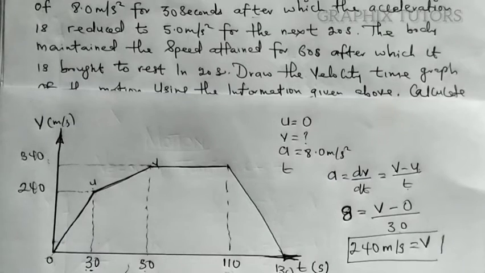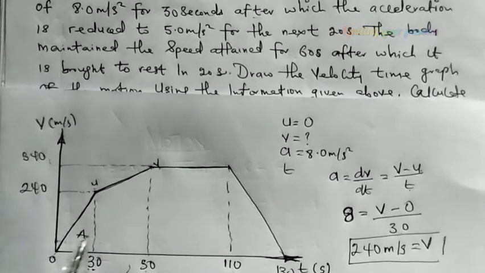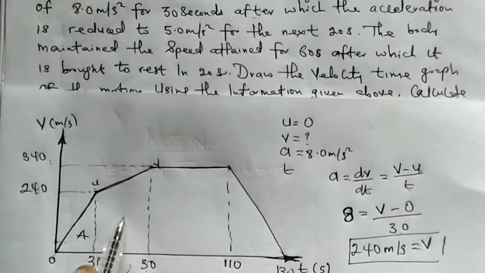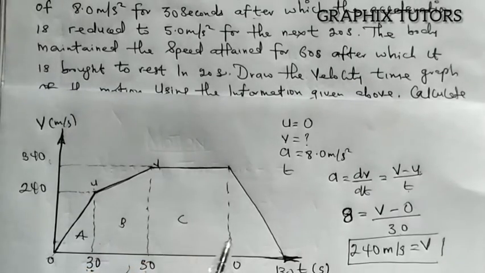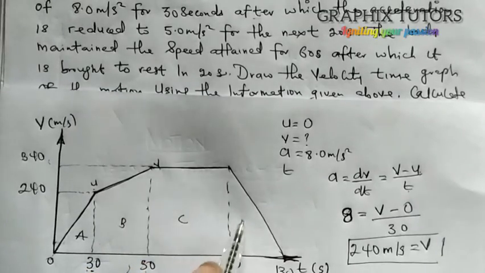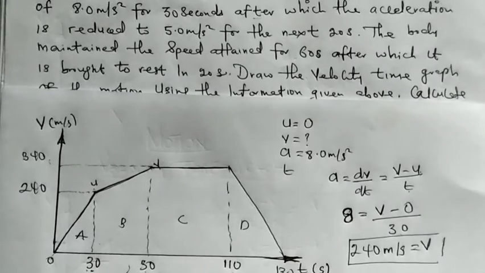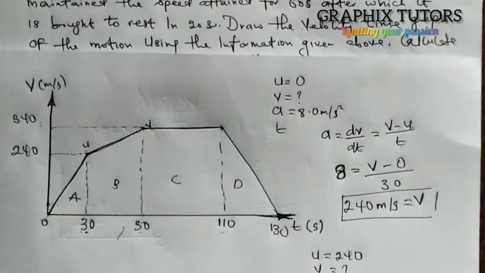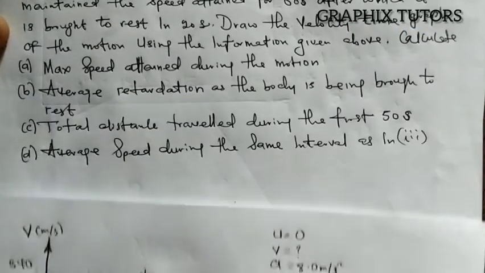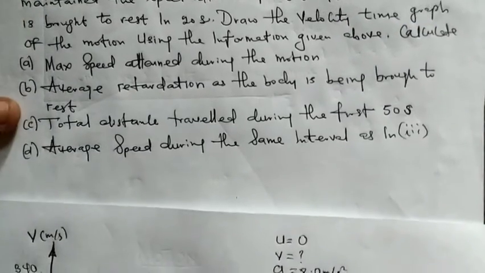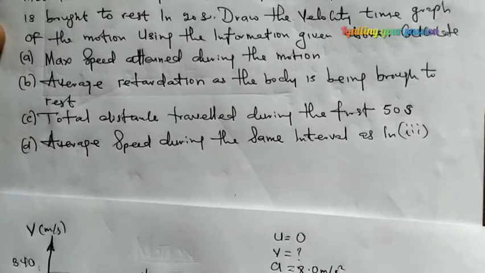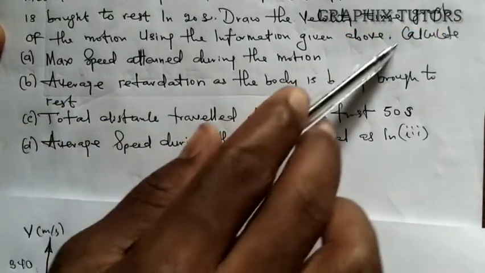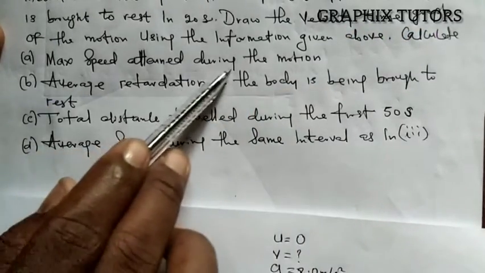So we have 4 stages. Stage A, stage B, stage C, and what? Stage D. So what is the question being given here? The question here is that we should calculate the maximum speed attained during the motion.